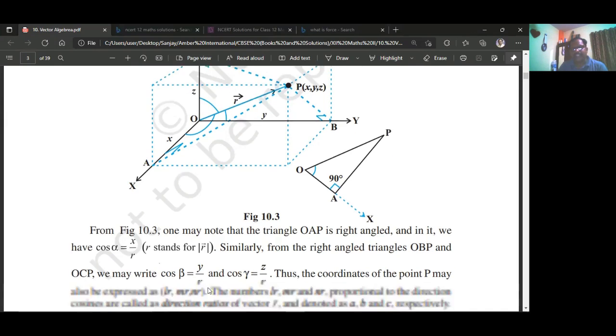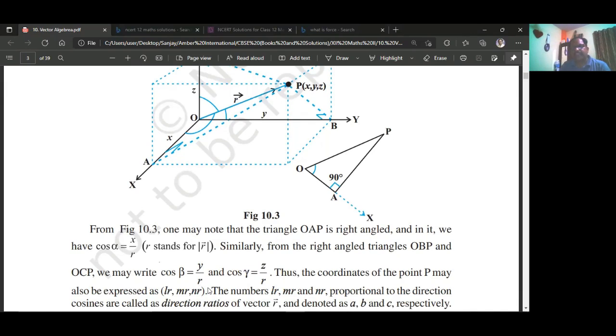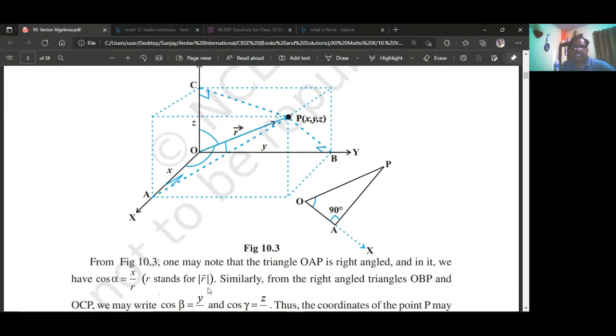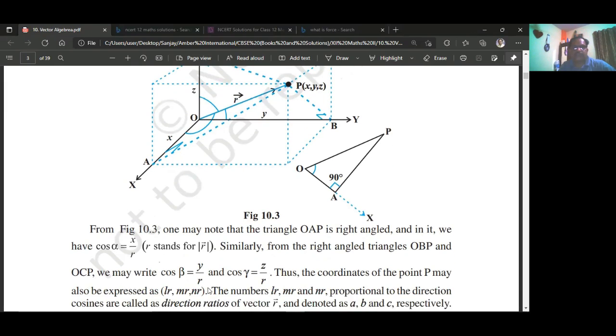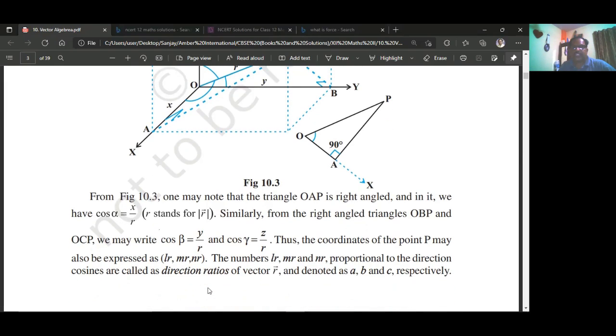In the same way, we can have the right angle triangles OBP and OCP, in which we can write cos beta and cos gamma, which are nothing but y by r and z by r. So in this way, the coordinates of the point P may also be expressed as lr, mr and nr.